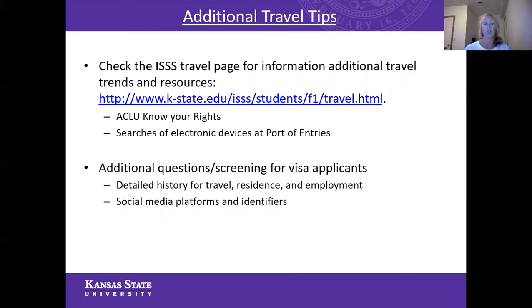So just make sure that you are prepared with resources as you travel. They may ask you some additional questions about your history for travel, residence, employment, all sorts of things when it comes to traveling or visa appointments. So just be very mindful of those and have resources available to you so that you are prepared.